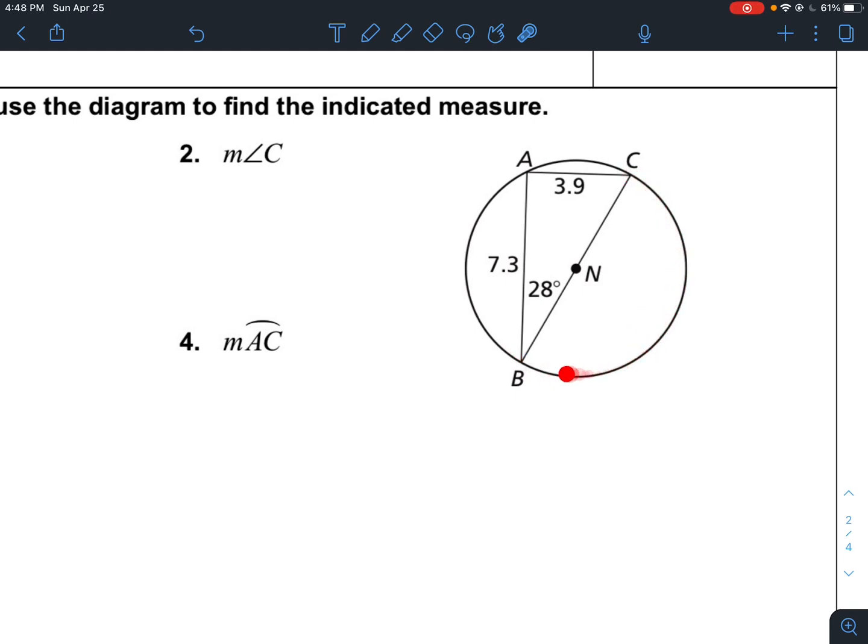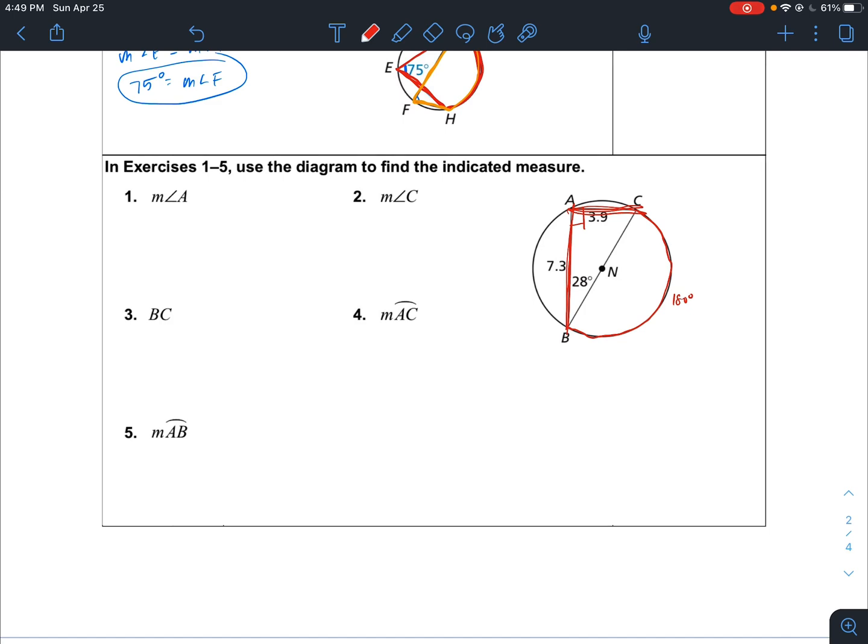And if this is 180 degrees, notice that this arc is an intercepted arc of the angle of sides AB and AC. Now if this is a 180 degree arc, that means angle A, which is its corresponding inscribed angle, has to be 90 degrees, which makes this a right angle. So the measure of angle A has to be 90 degrees.